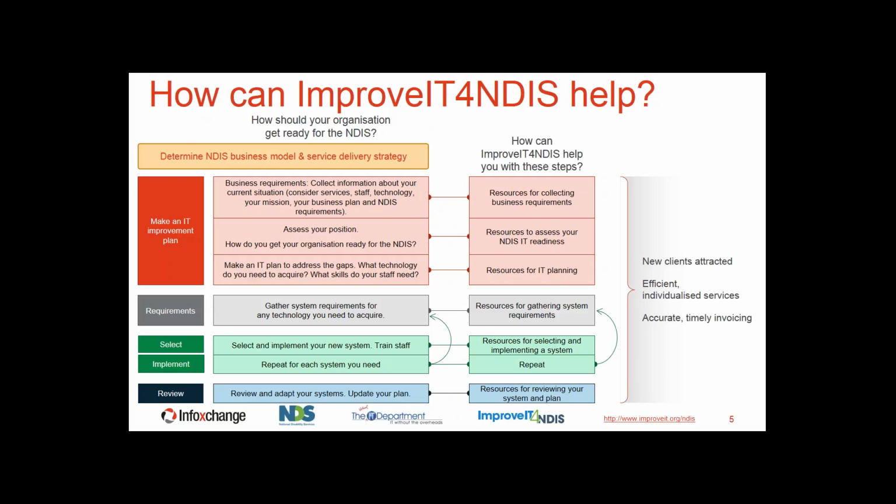What we then suggest organisations do is that for each of those IT improvement actions, they then work through the core processes of gather the key requirements, understand what you need, select a key system, train staff, make sure they're comfortable, and repeat for each of the key systems that they need.